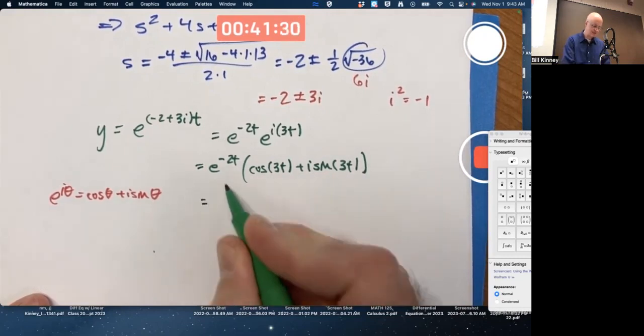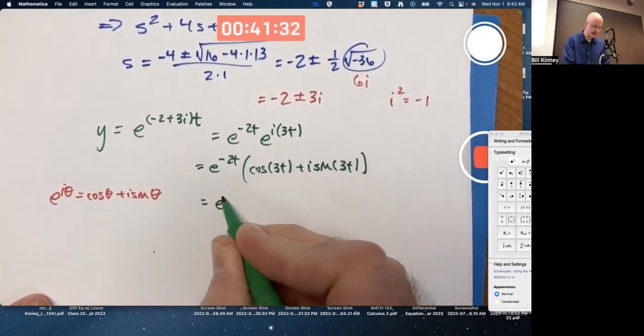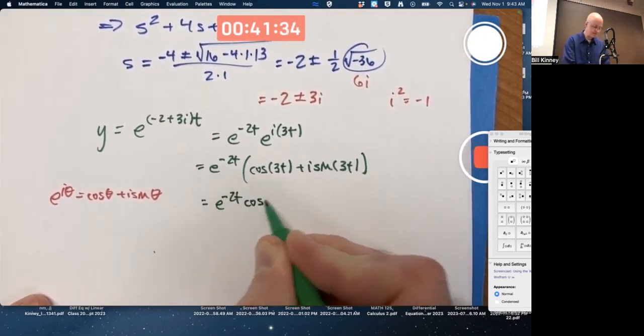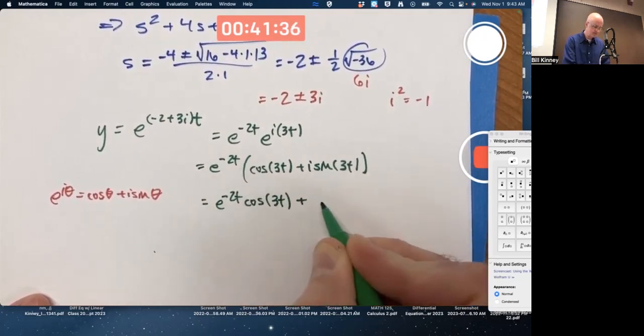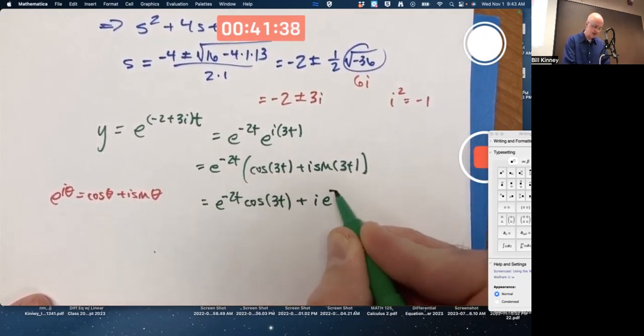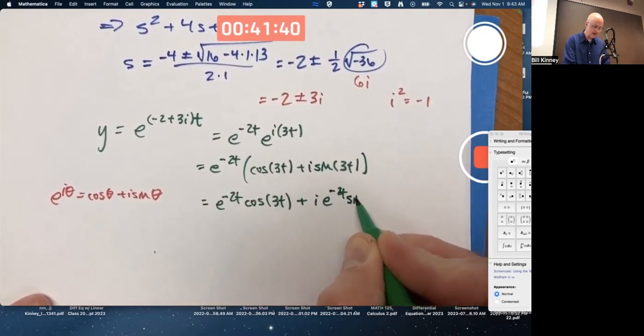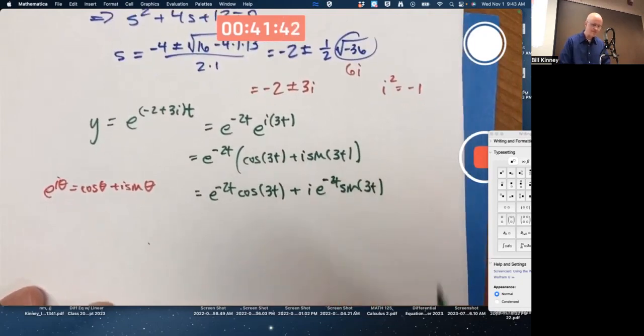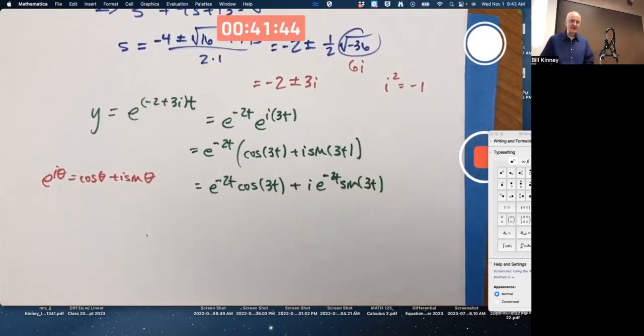I guess I could multiply the e to the -2t through here. Yeah, you can. Let me write it like this. And what we get is, I guess, a simplified form of this complex solution. But wait, we still have an I in there. What do we do with it?